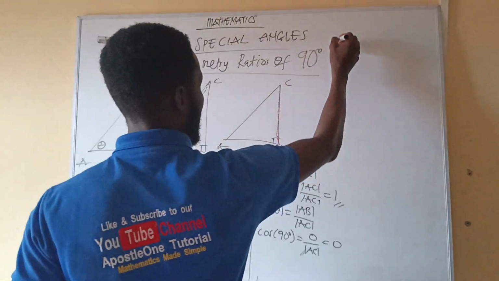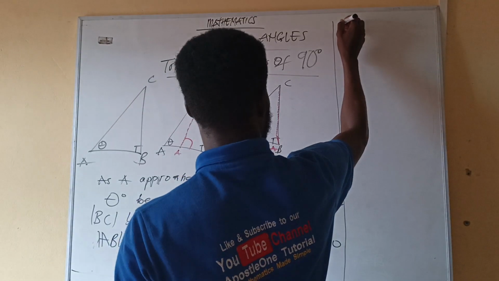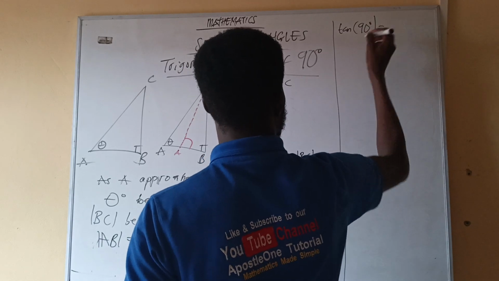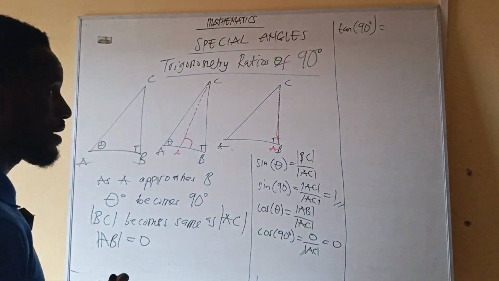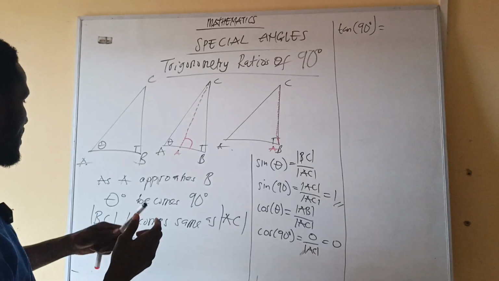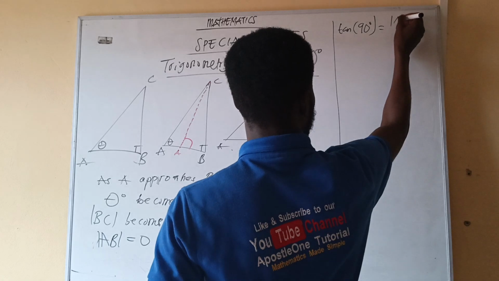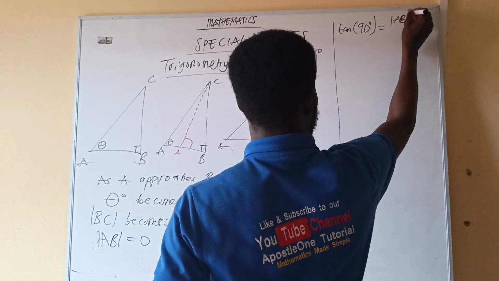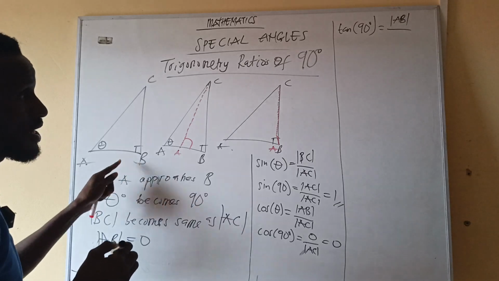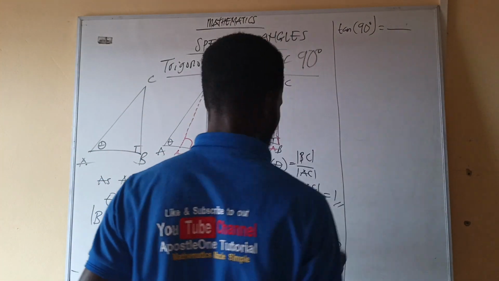Now let me talk about tan 90. Tan is TOA, opposite over adjacent.